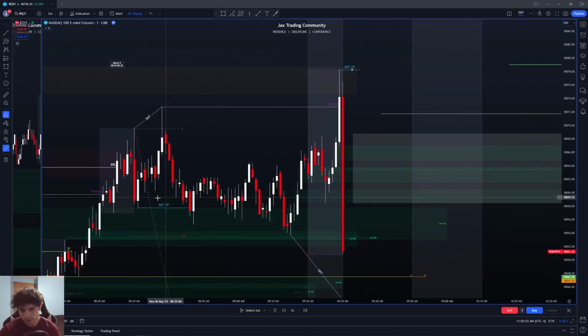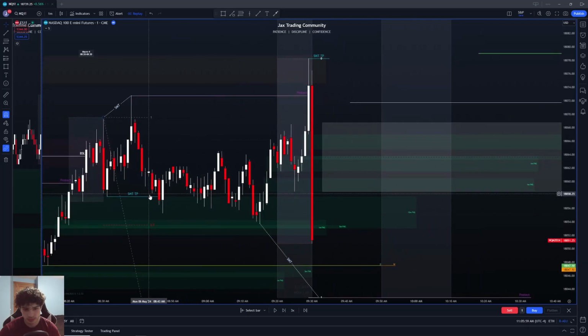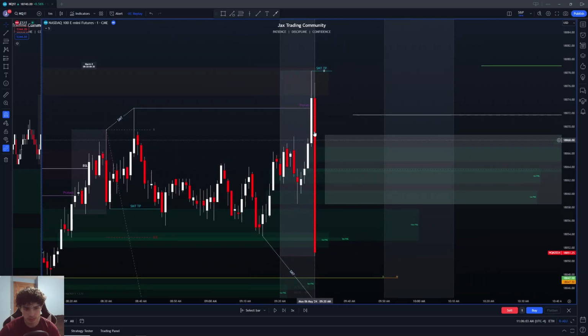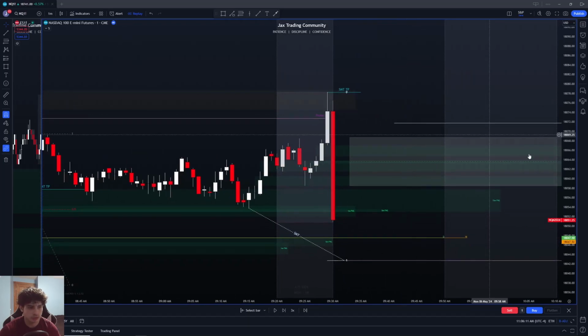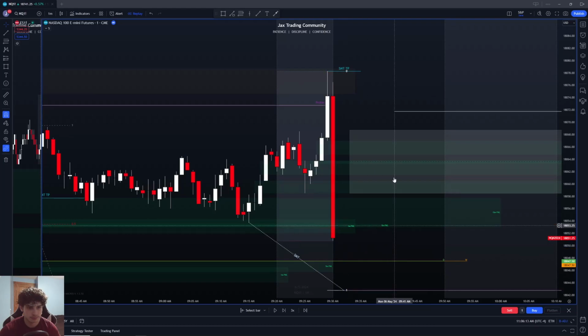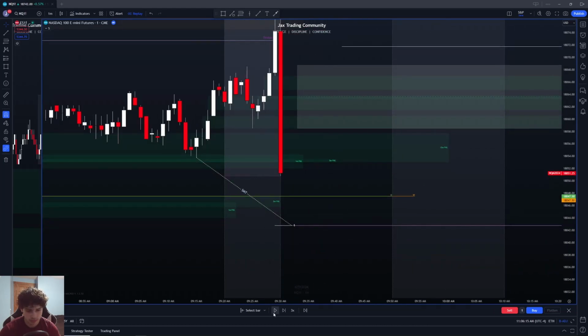So again, after we took out this SMT TP, the next draw of liquidity is this protected high. You can see we sort of consolidate a little bit here, but we do end up taking the protected high. And then right after we take the protected high and we tap into 3.5 to 4, what do we right away do? We sell off. Instantly sell off.